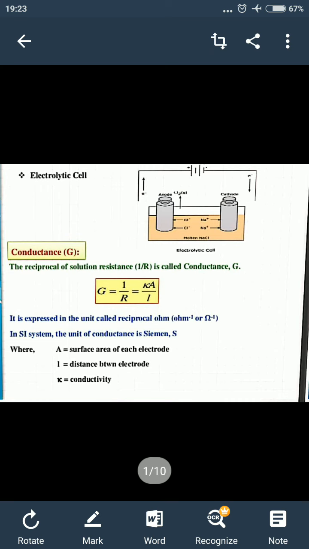The reciprocal of the resistance of the solution is known as conductance.